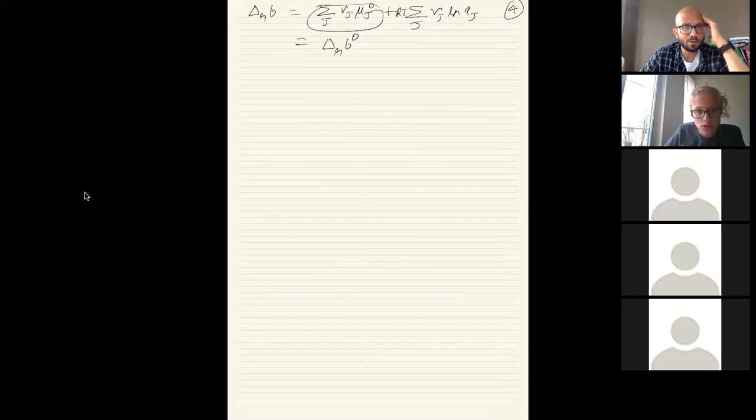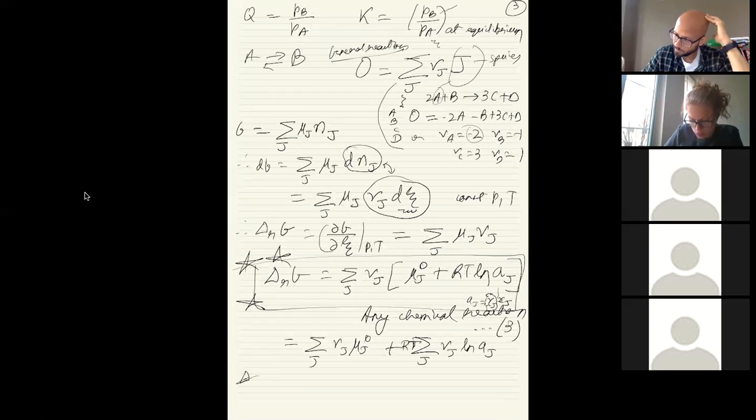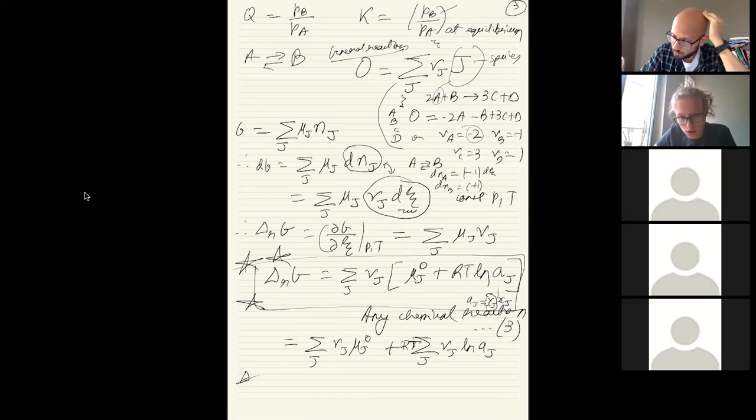Can you re-explain how you substituted nu J for dnJ? Yes, I can. The best way to understand this is the reaction A going to B. In that case, dnA was equal to -1 multiplied by d psi. dnB was equal to +1 multiplied by d psi. And that's what we have done over here.